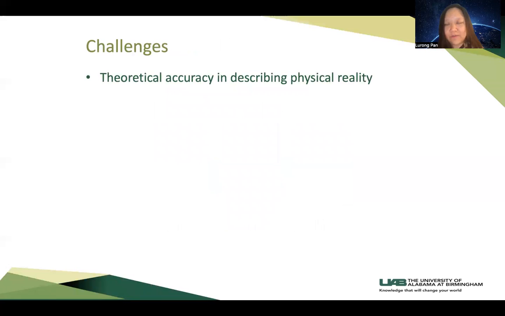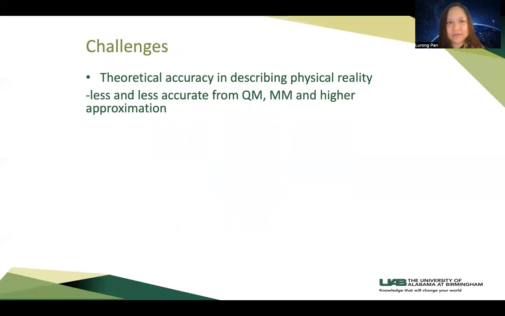However, there are several challenges. First of all, the theoretical accuracy in describing physical reality using these models is very limited. When we use QM, it is highly accurate in describing the behavior of electrons and calculating electronic structures of a molecule.